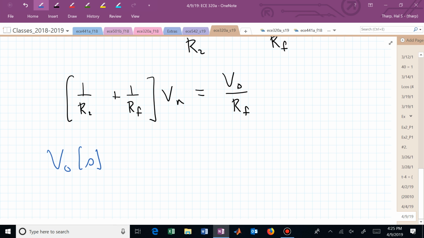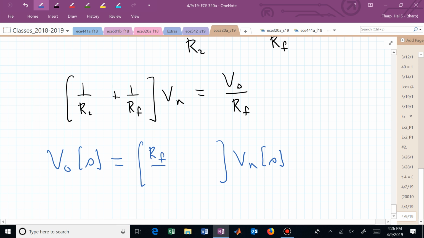But v sub 0 now is on the left. And I've now multiplied everything by r sub f. What do I have that scales v sub n? I have r sub f over r sub 2 plus 1.